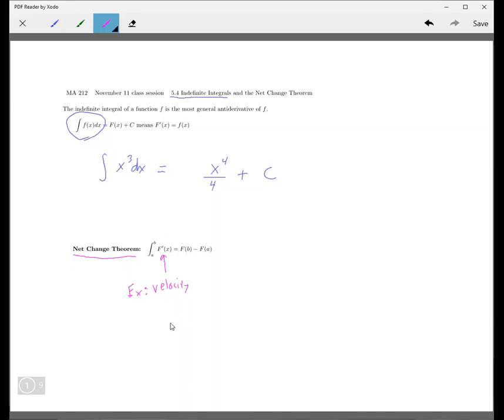If you have an object that's moving at a certain velocity and you've got the formula for the velocity, then when you take the definite integral from time t equals a to time t equals b, you're going to get the displacement.